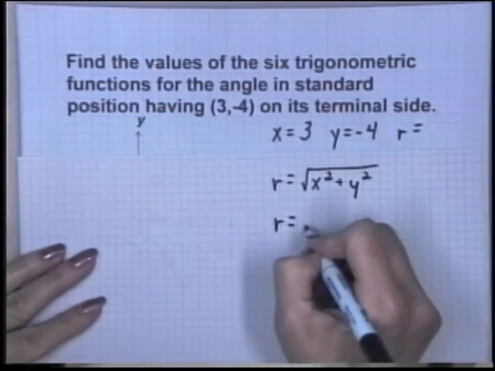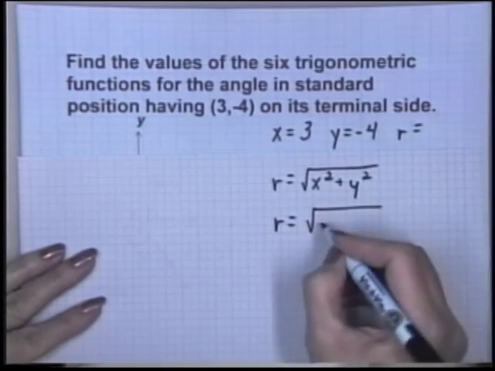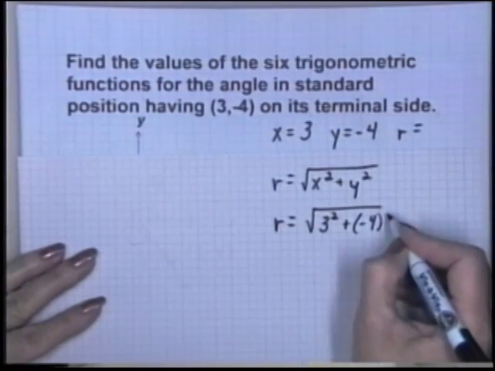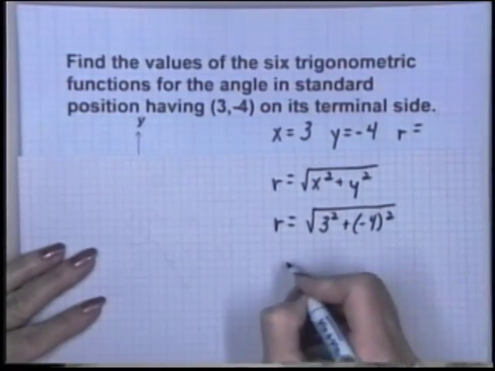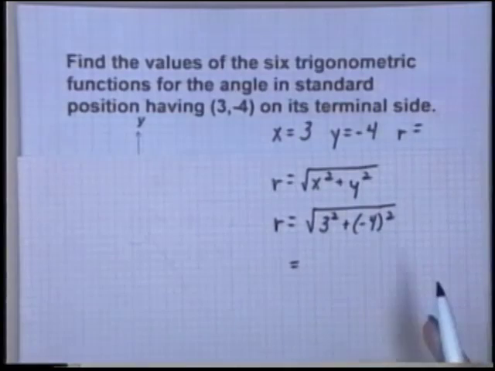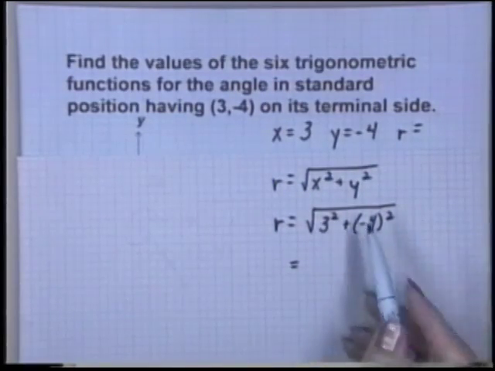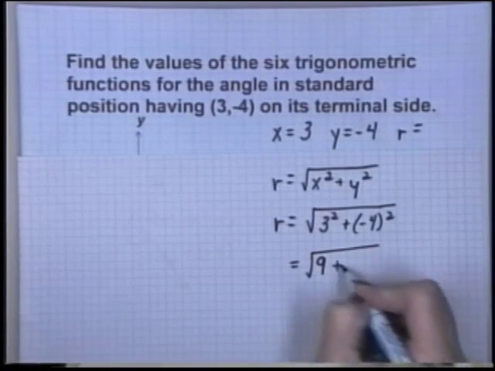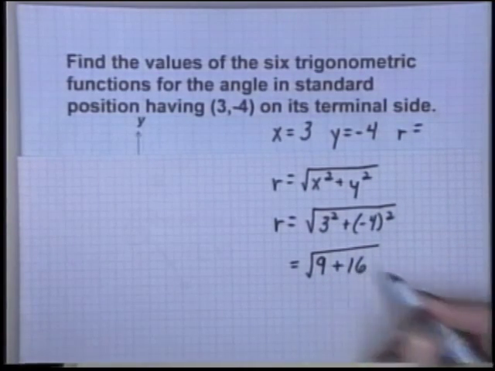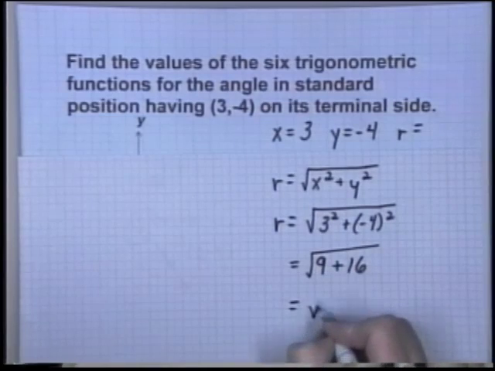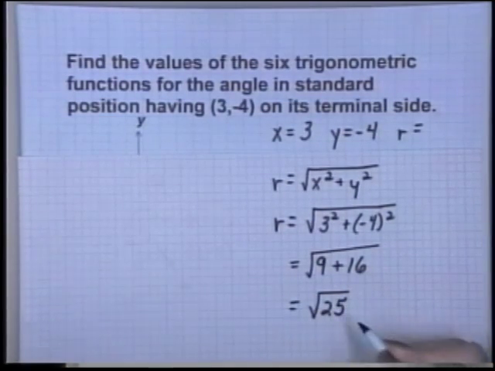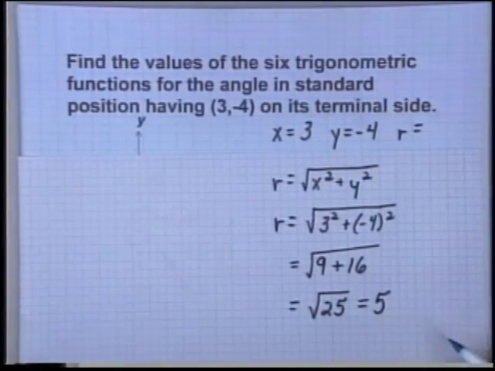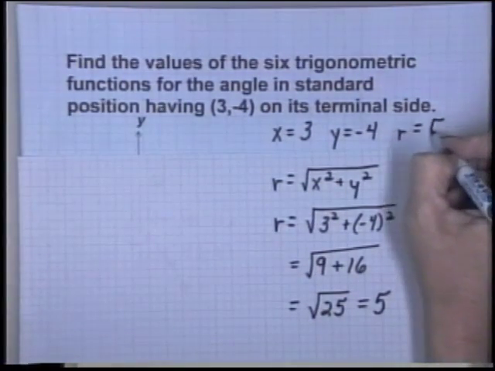So my r will equal the square root of 3 squared plus (-4) squared. Remember, order of operations says under that radical to square first and then add. So 3 squared is 9. (-4) squared is 16. When we add, we'll have the square root of 25, which is 5. So our r is 5.